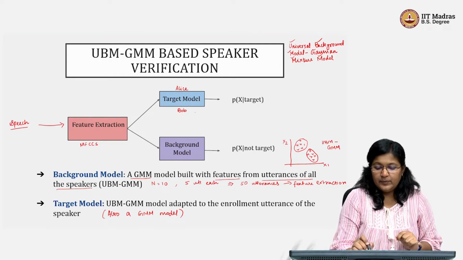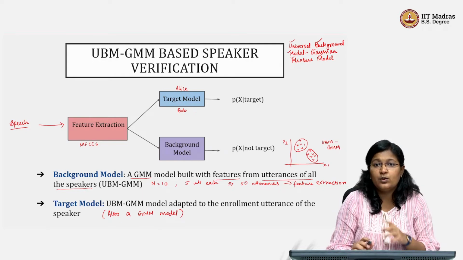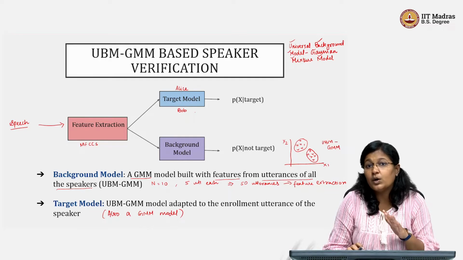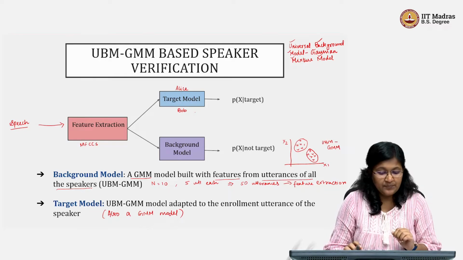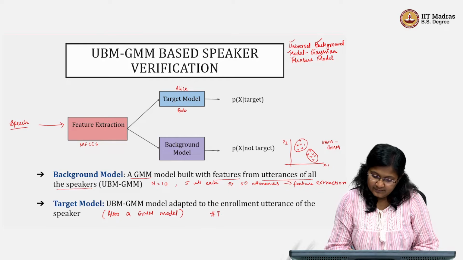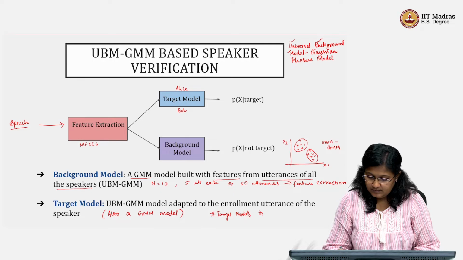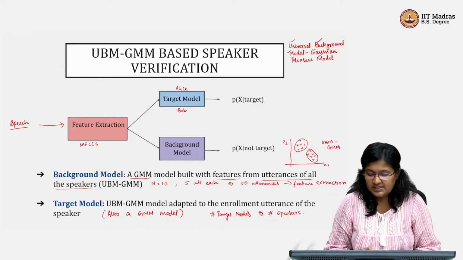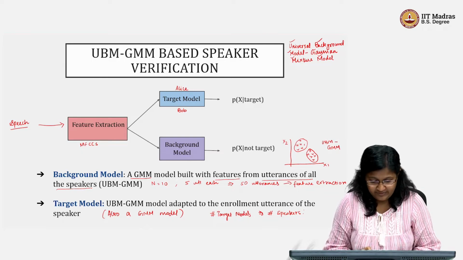So if I'm going to build a target model for Alice, then only Alice's speech is going to be used. If it is for Bob, then only Bob's speech is going to be used. So the number of target models will be the number of speakers for which I have to perform speaker verification.